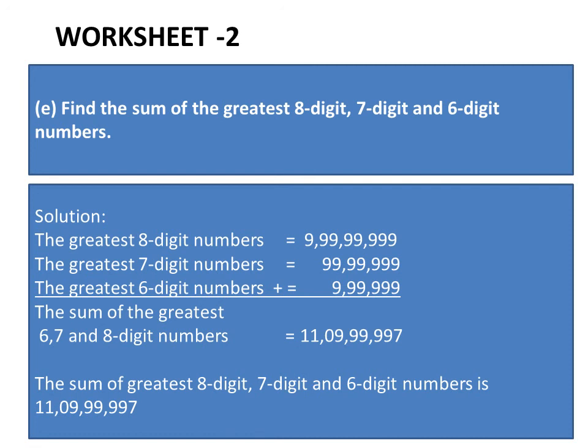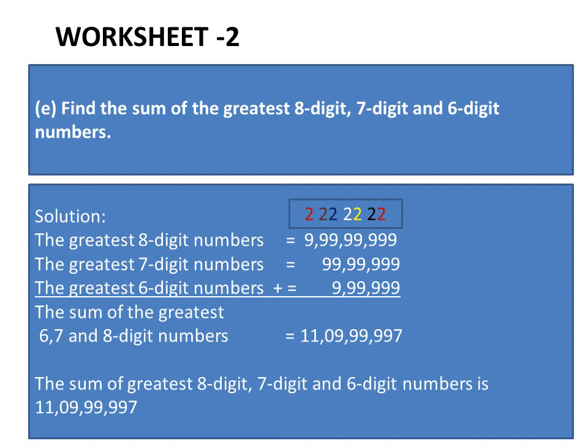Now we will draw a line so our answer can go below it, and we will write a plus sign on the left to show that we are adding. Then we will write the fourth statement, and the fourth statement is the sum of the greatest 6-digit, 7-digit and 8-digit numbers is equal to, do the addition, everyone knows the addition, and the answer is 11,999,997.